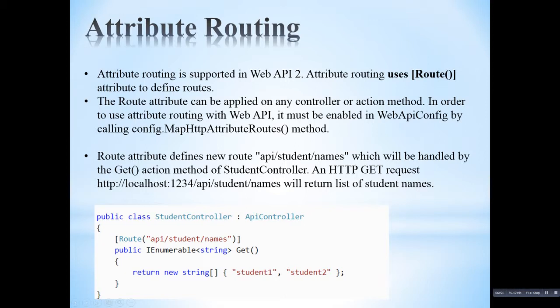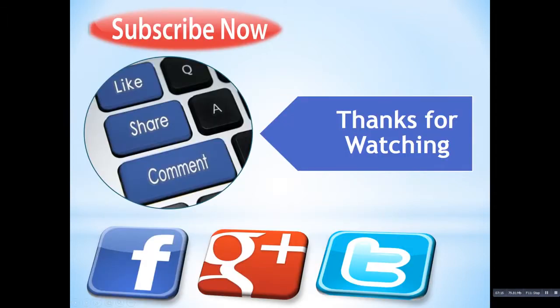The Route attribute defines a new route, which is this path, and it will be handled by the GET action method of the student controller. An HTTP GET request to this path, localhost:1234/api/studentnames, will return a list of student names. In this way you can configure different routings in the Web API project.